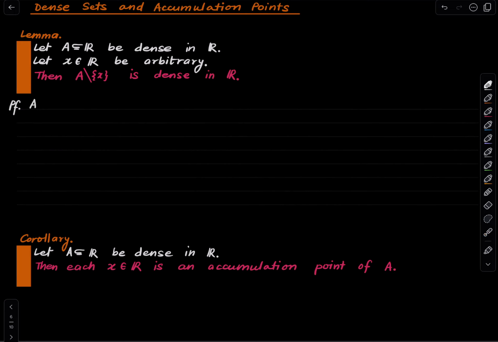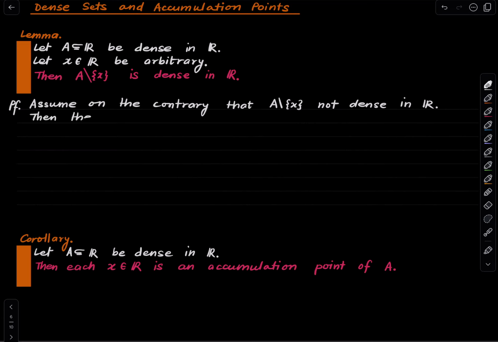Assume on the contrary that this set is not dense in R. Then by definition, there is an open set U, a non-empty open set, such that U intersection this punctured set is empty.